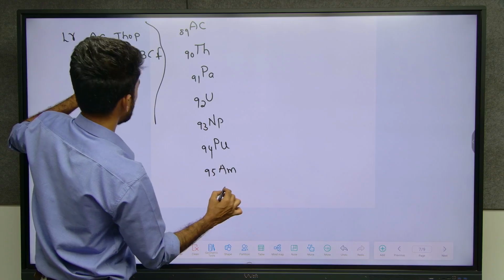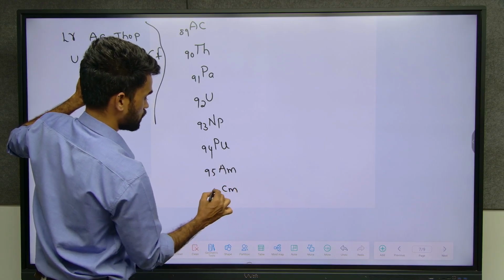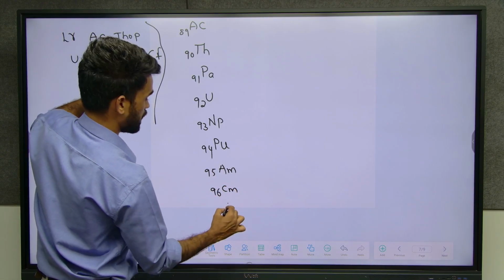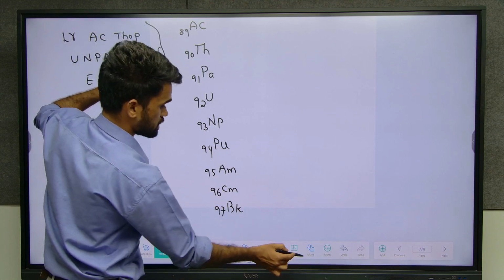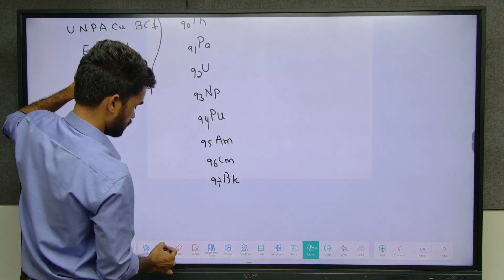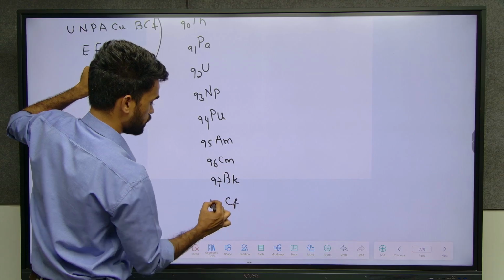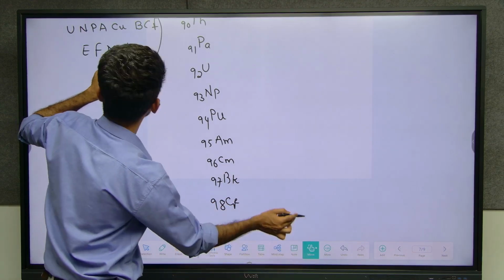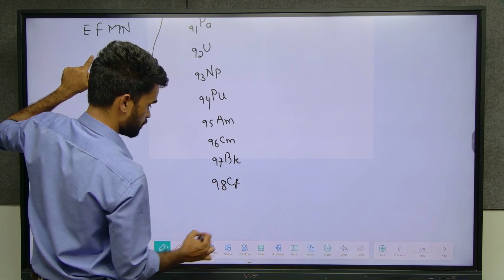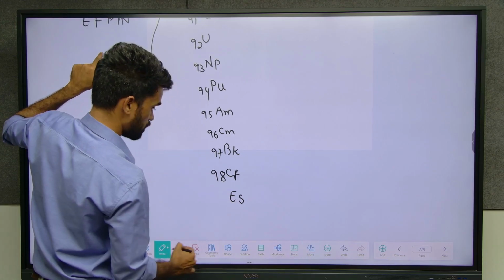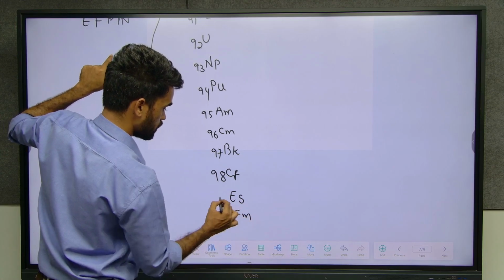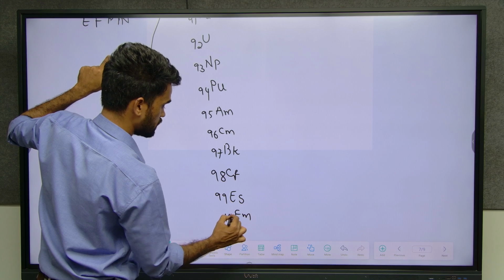Next, curium, Cm, 96. Berkelium, Bk, 97. Next, californium, Cf, how much? 98. After this, einsteinium, Es. Next, fermium, Fm, 100.